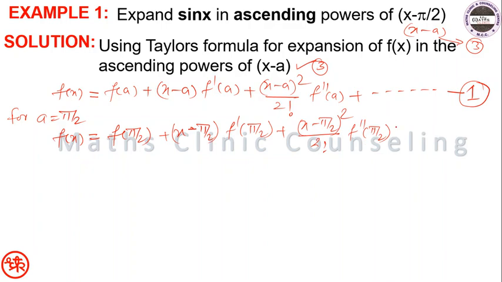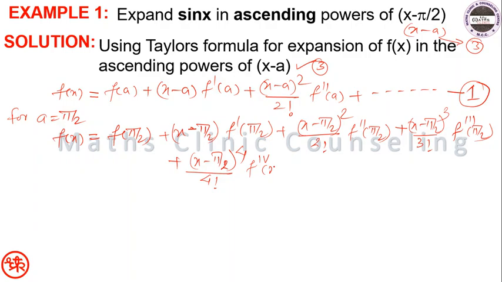Next term will come: plus x minus pi by 2 whole cube by 3 factorial f triple dash of pi by 2, then plus x minus pi by 2 raised to the power 4 by 4 factorial into f4 of pi by 2 plus and so on. Is that clear? And this is now equation number 2. Is that clear?